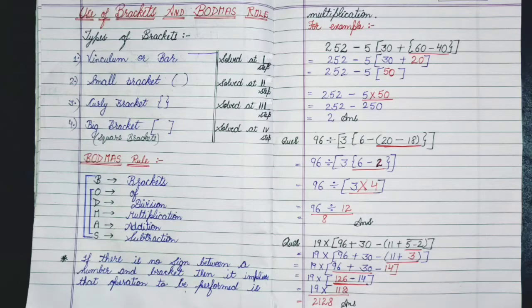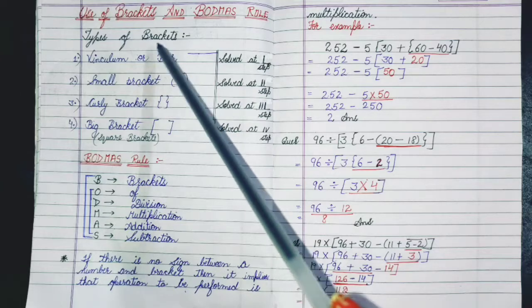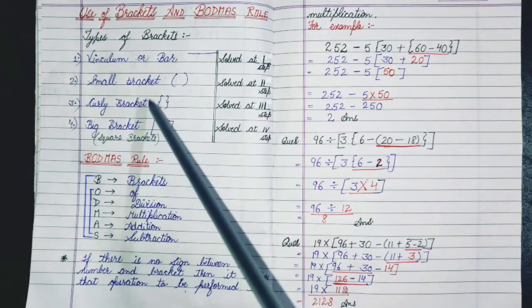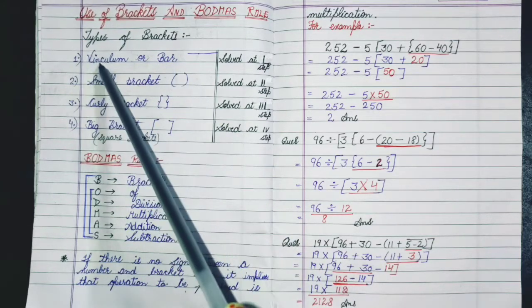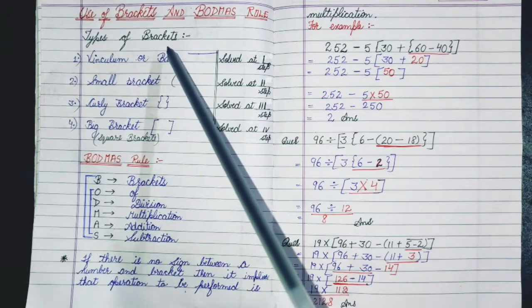Today we are going to study the concept of brackets and the use of brackets in calculation. Clear everyone? So let's understand the concept of brackets. Here we have four types of bracket. The first one is vinculum, also called a bar.